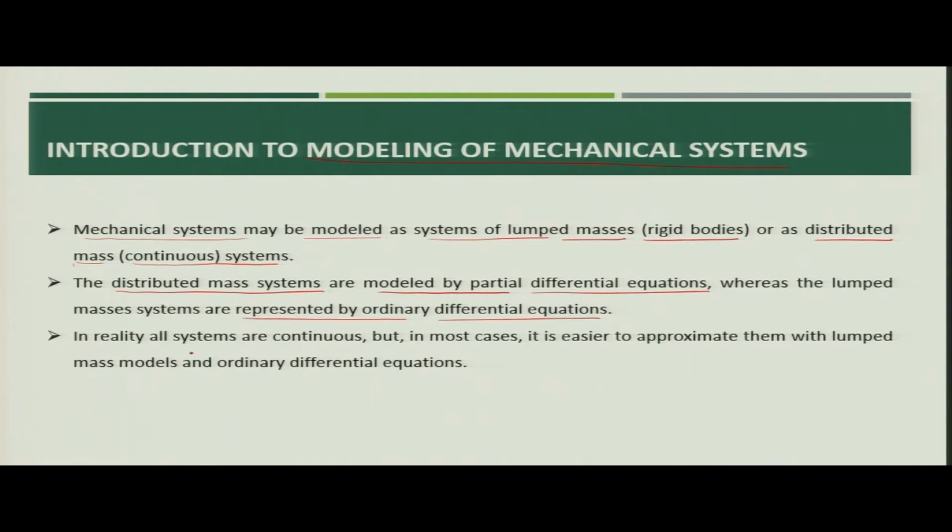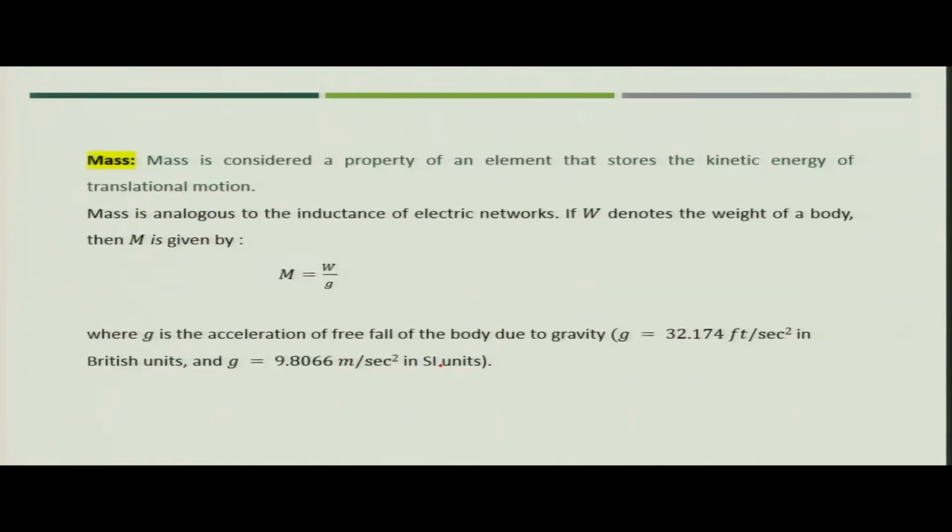Now, in reality almost all systems are continuous, but in most cases it is easier to approximate them with a lumped mass model. That is why we can use ordinary differential equations to represent the models of those systems. Now, first understand what is mass.